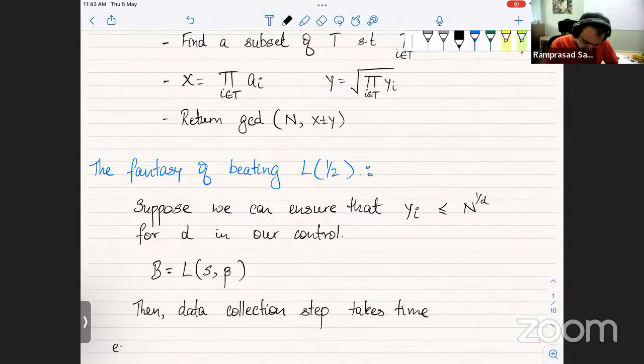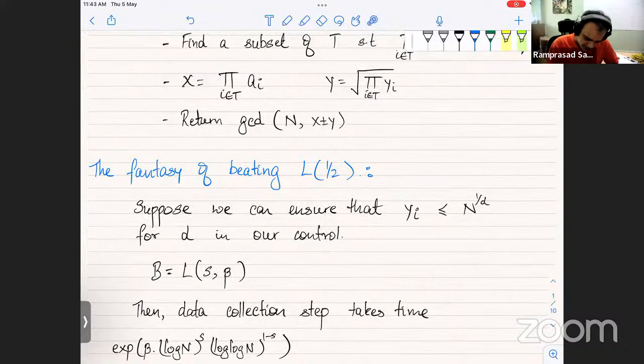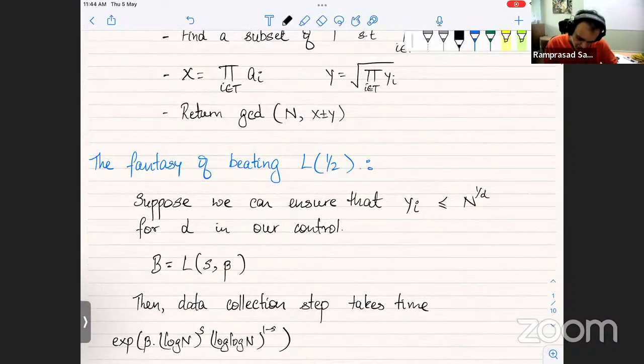Putting them both together, what do you end up with? The number of congruences we need is exponential in beta log n to the s, log n to the 1 minus s. I'm just writing L of s, beta explicitly. And what about the time taken per smoothness check?